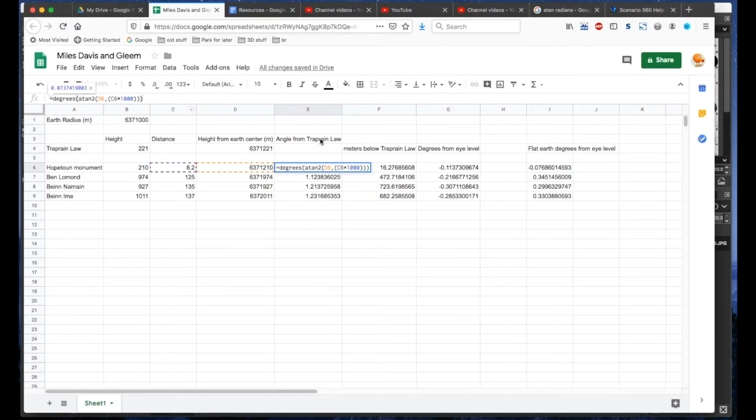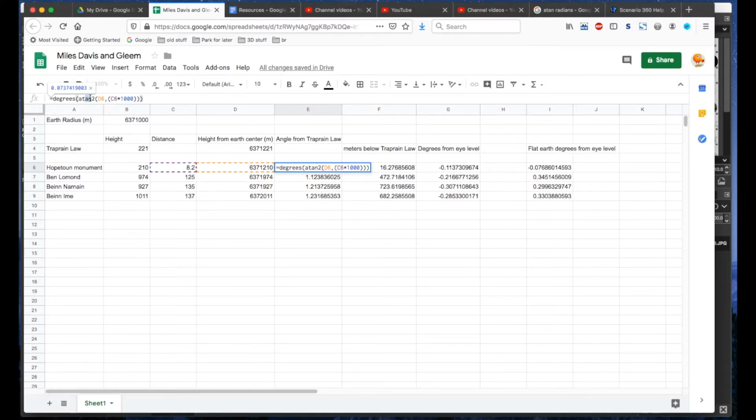I calculated the angle from Traprain Law by taking the height from the center of the Earth for that object and the distance from Traprain Law to that object, which I multiplied by 1,000, as my parameters to the arctan function.